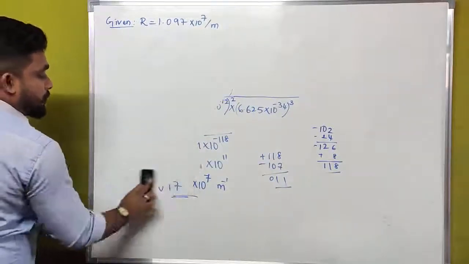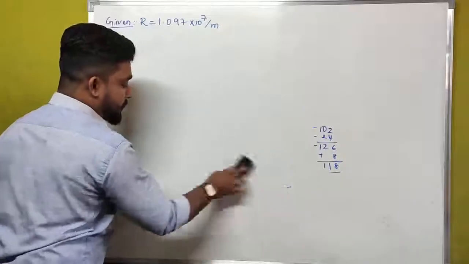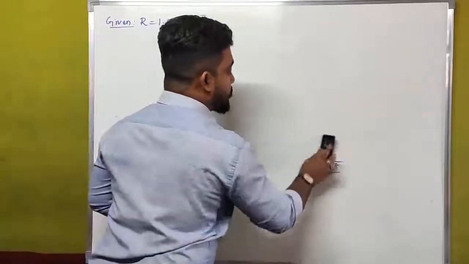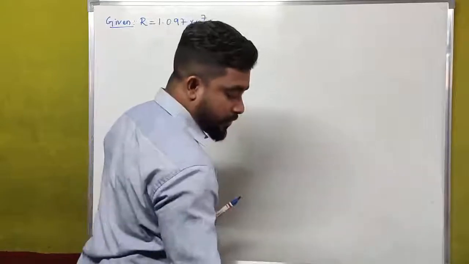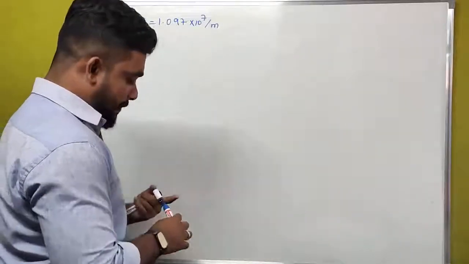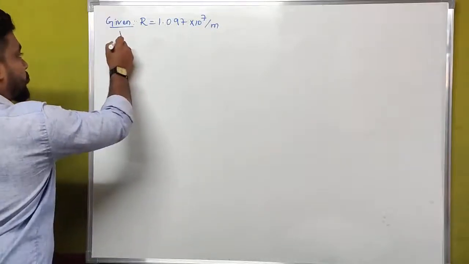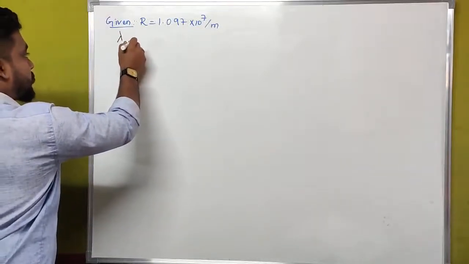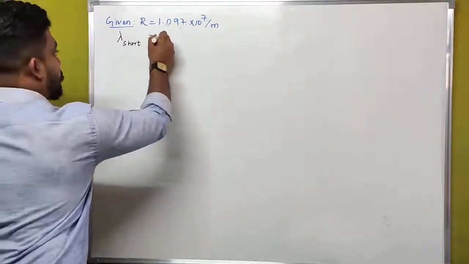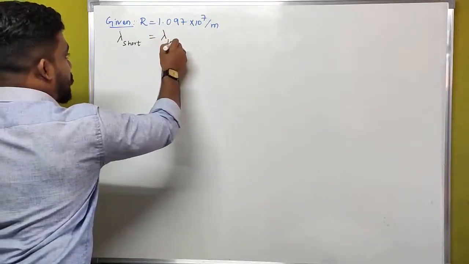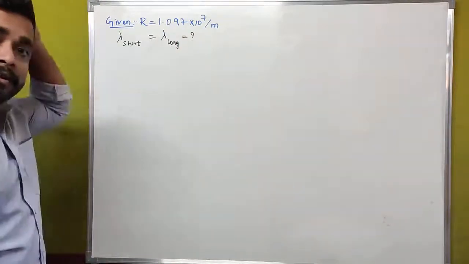Now, what is given is the Rydberg constant, that is 1.097 into 10 to the power of plus 7. But what we have to calculate is the short wavelength and long wavelength of a Balmer series.